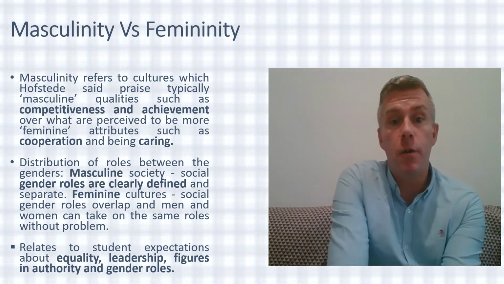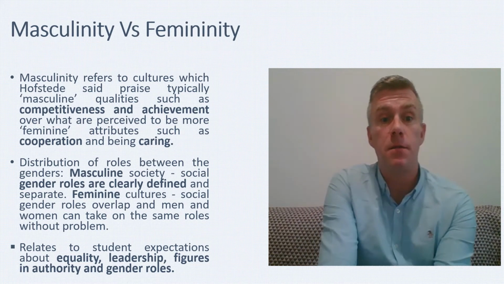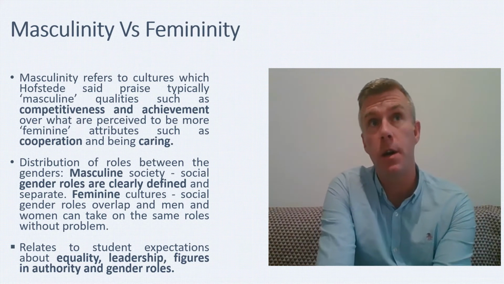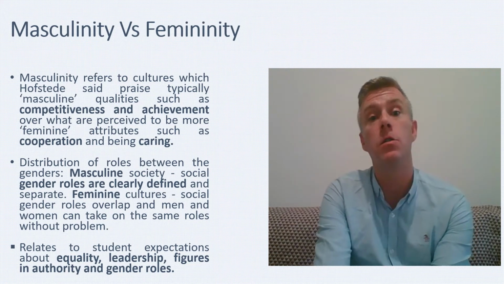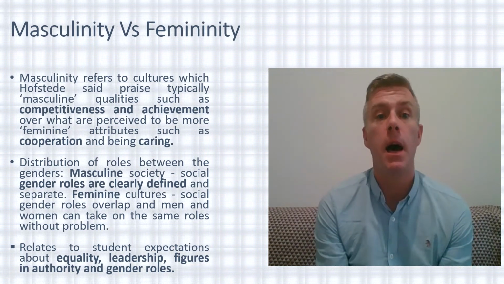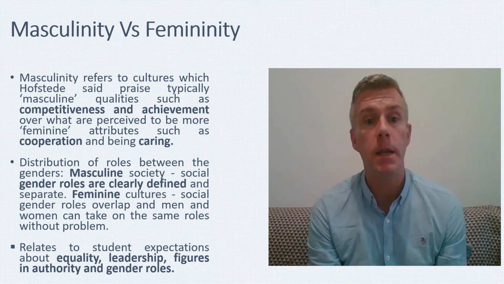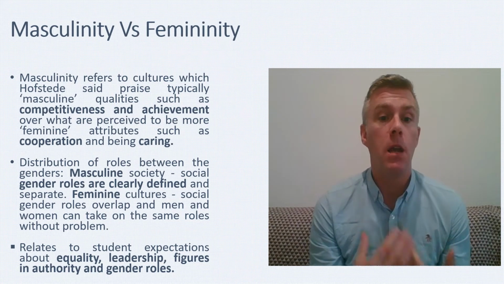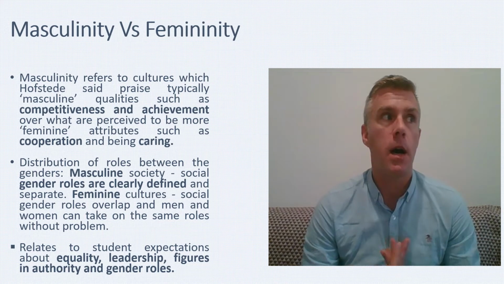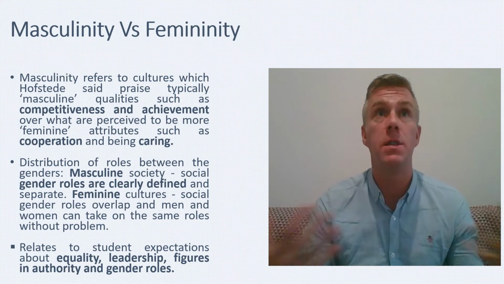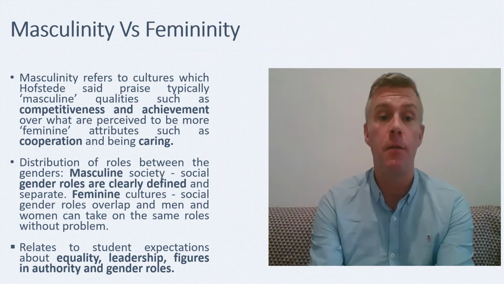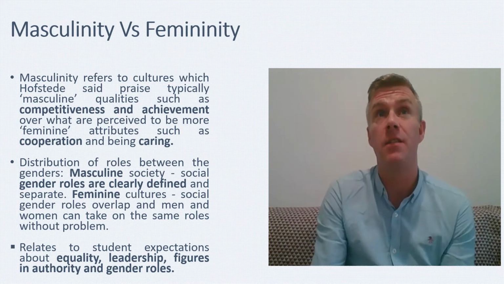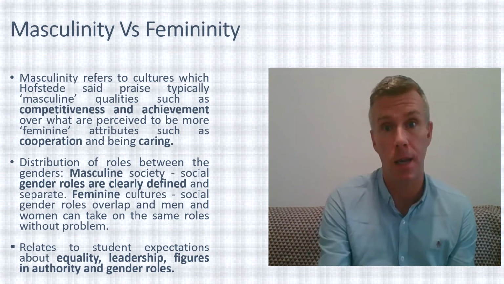Now, distribution of roles between the genders is a factor as well in these cultures, where certain occupations are generally occupied by men and certain occupations are generally occupied by women. It also relates to the students' expectations of equality, leadership, figures in authority, and general gender roles within a society.